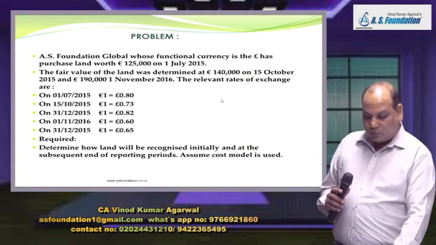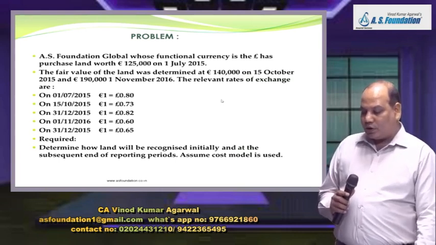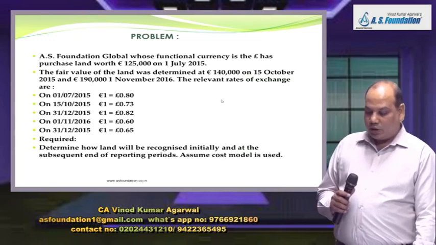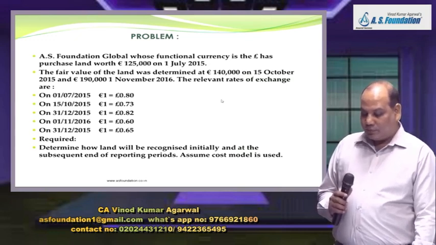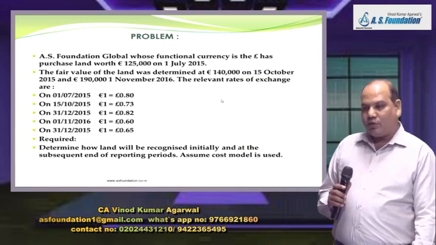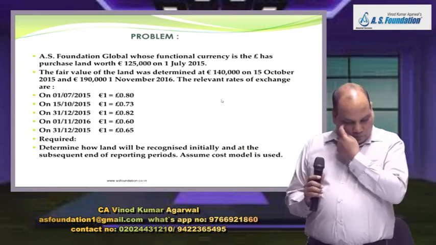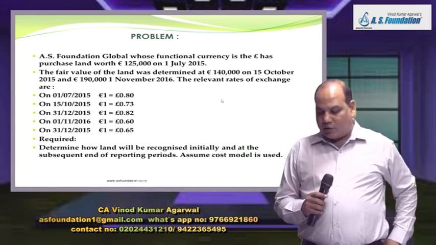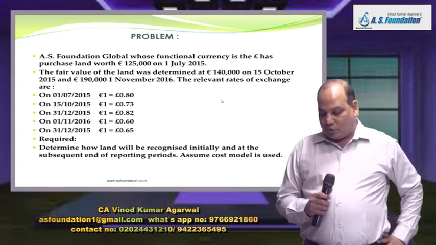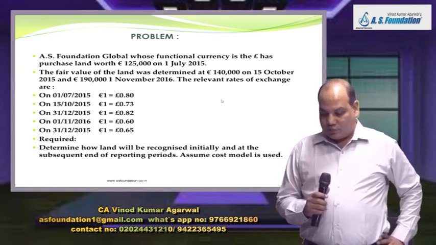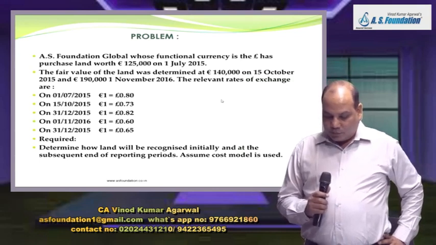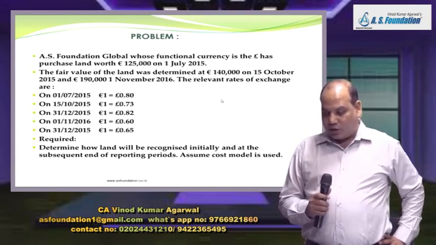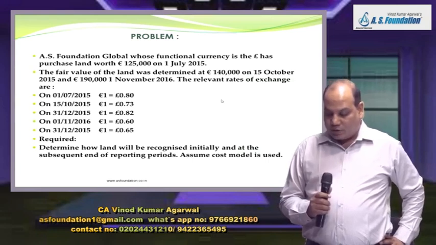AS Foundation Global, whose functional currency is pound, has purchased land worth euro 1,25,000 on 1st July 2015. The fair value of the land was determined at euro 1,40,000 on 15th October 2015, euro 1,90,000 on 1st November 16.